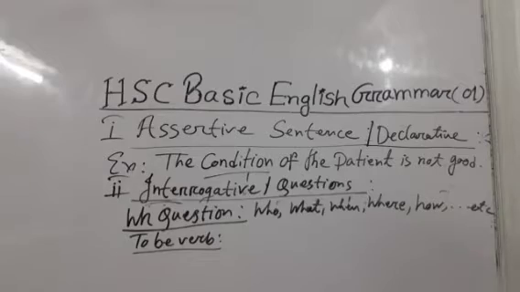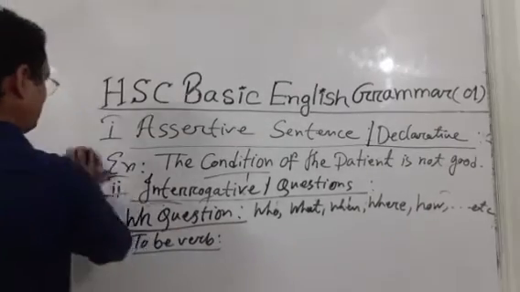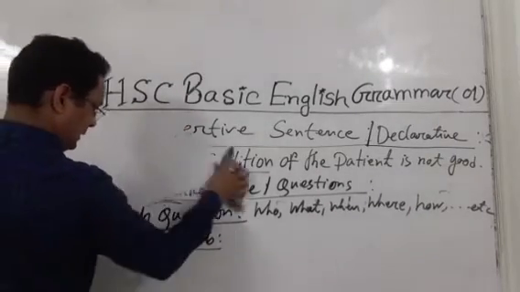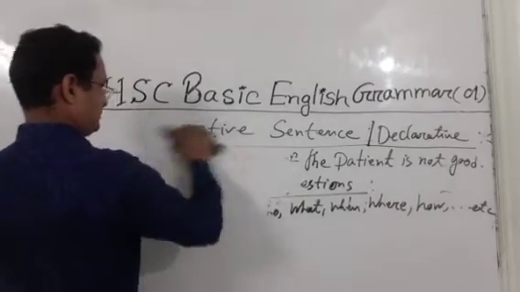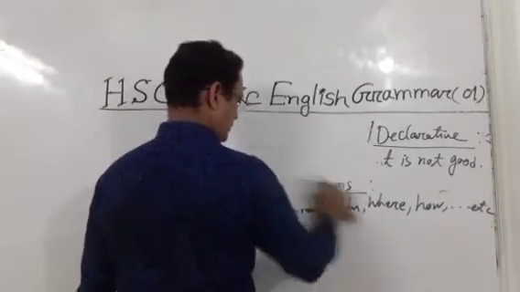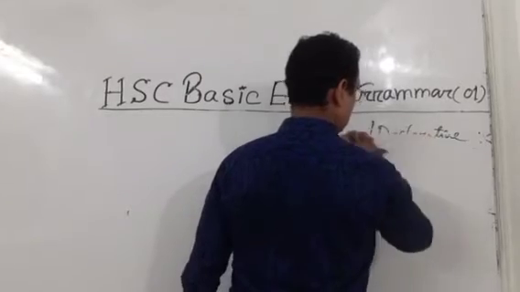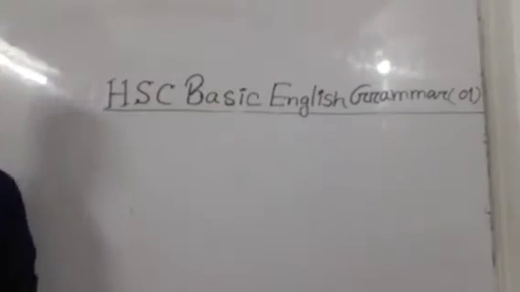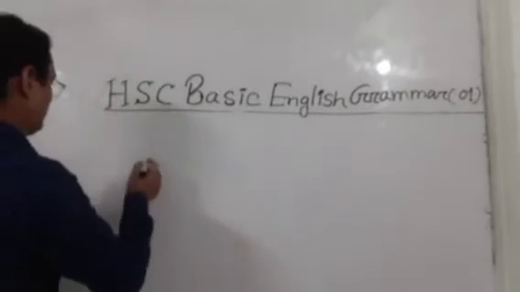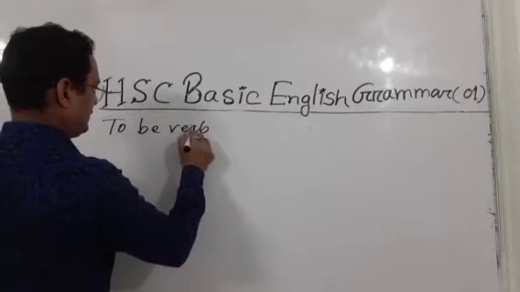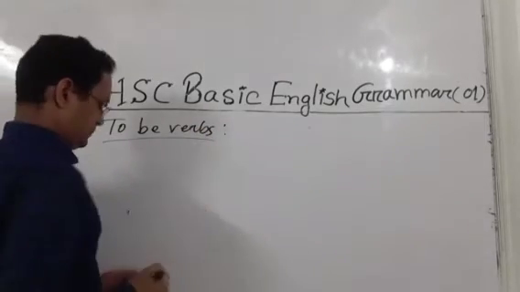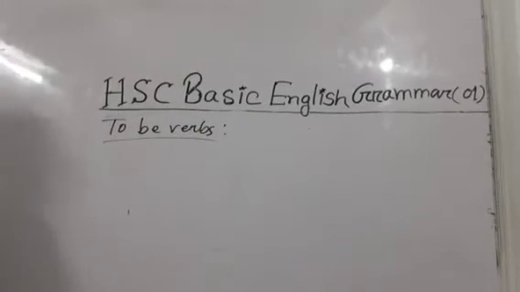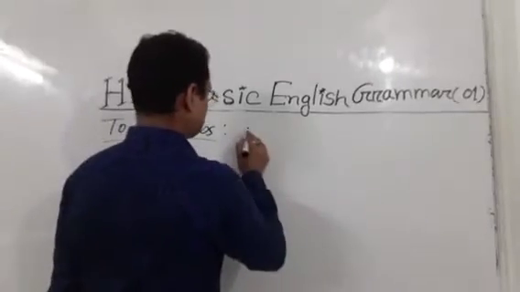Students, I am telling you about interrogative sentences, and I have discussed the two ways to ask a question: to be verb and WH question. I have shown you the list of WH questions, and now let's go for to be verbs. What are the to be verbs? Do you know?